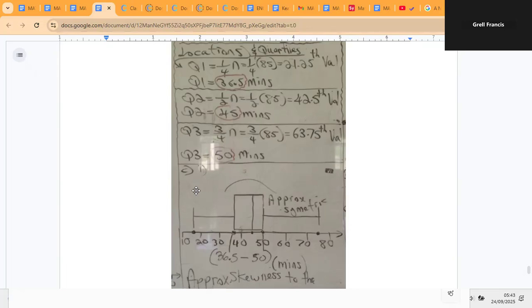And the lower quartile, median, and upper quartile were obtained to be 36, 46.5, and 50 minutes approximately. Okay, and here the box plot now was constructed, and it appears to be approximately symmetric. Slight skewness towards the right, but approximately symmetric.